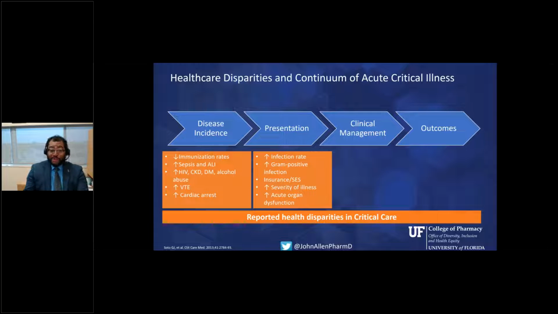Shifting gears towards presentation and the way patients present to the intensive care unit, in racial and ethnic minorities, various studies have shown increased infection rates depending on the disease state, but very specifically in the rates of community-acquired pneumonia, as well as, for women, UTI infections. Additionally, gram-positive infections have been illustrated to be more common in African American patients, as well as in men who present with sepsis.